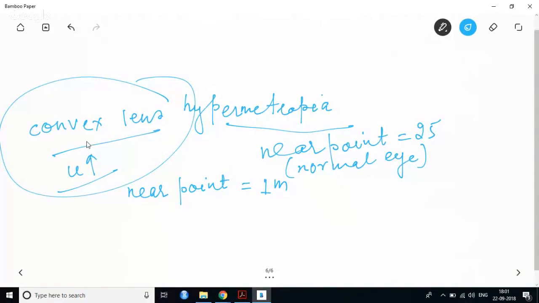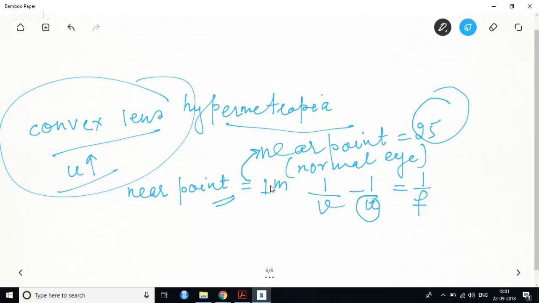Now try to understand. Let me apply the lens formula here. 1 by v minus 1 by u is equal to 1 by f. So what should be u? If near point has increased, I need to readjust the near point at 25 centimeter. It means that the image formed by convex lens should be at 25 centimeter from the human eye.